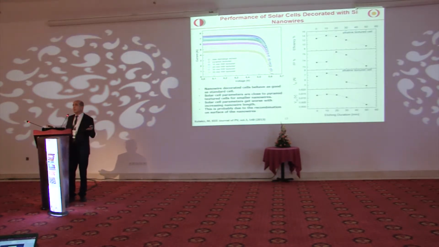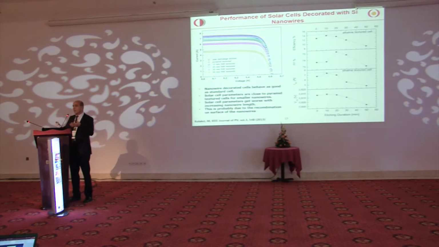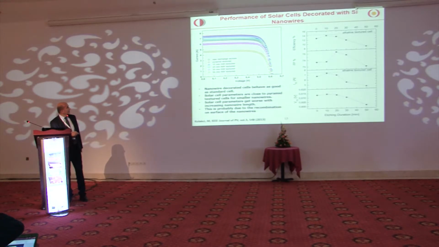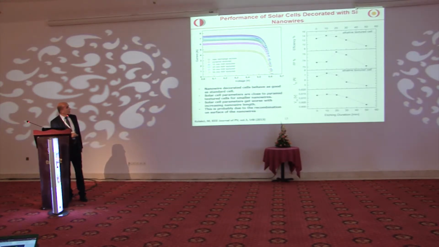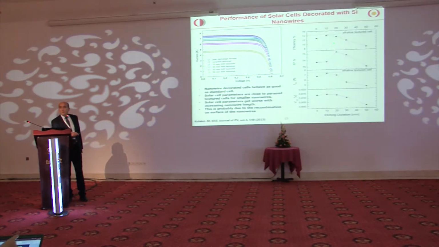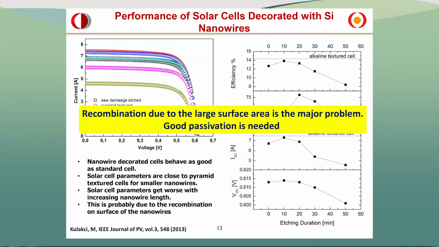You see that these are applicable, so you can generate properly behaving solar cells. However, the efficiency of the nanowire decorated cells has always been lower than the standard reference sample. So we have not been able to get higher efficiency. Although we have good optical performance, the electrical performance of the cells is not so good.